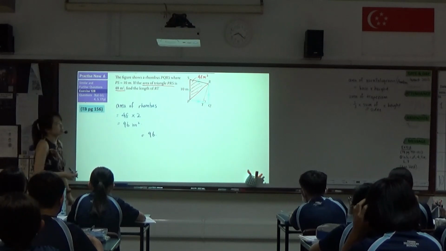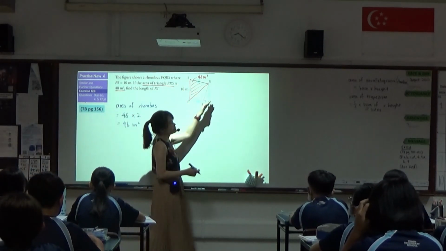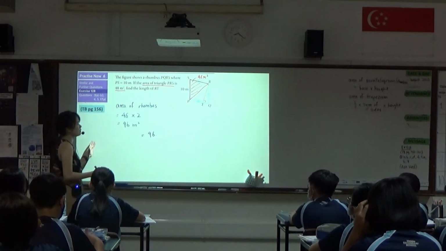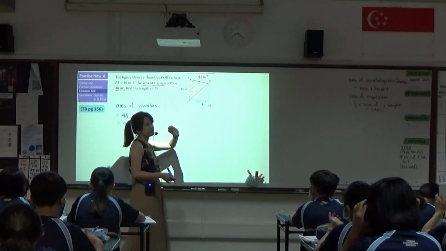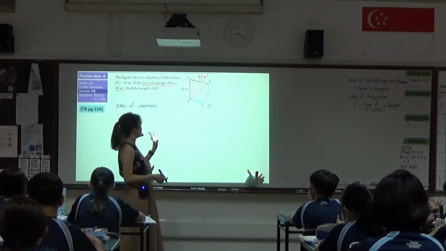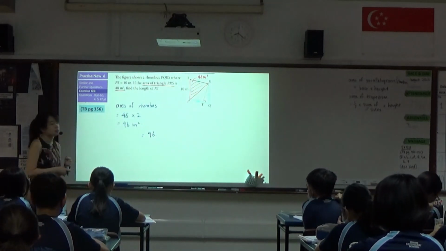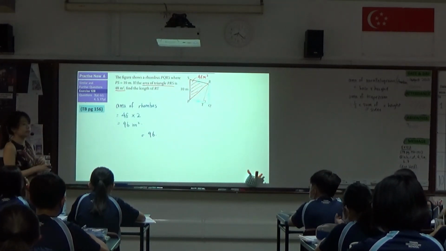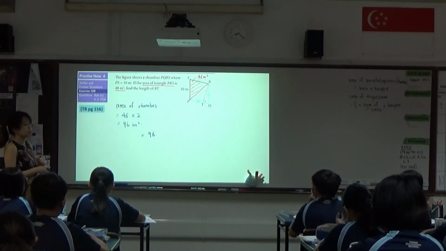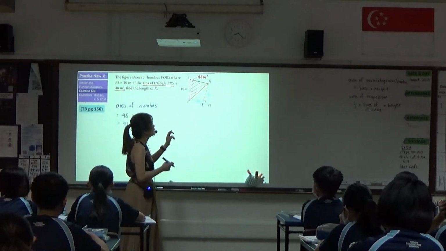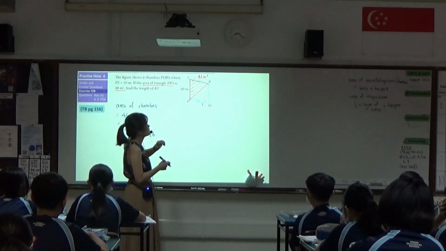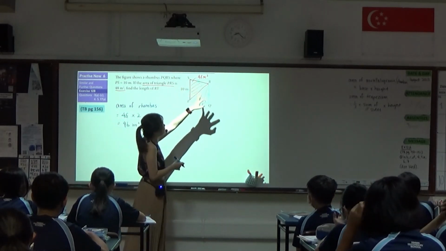Based on this diagram itself, the entire rhombus, how would you have found the area if I have the necessary information? What times what will give us 96? What is the base? What is the height? Do you know the height? 9.6. Can you tell me which side?